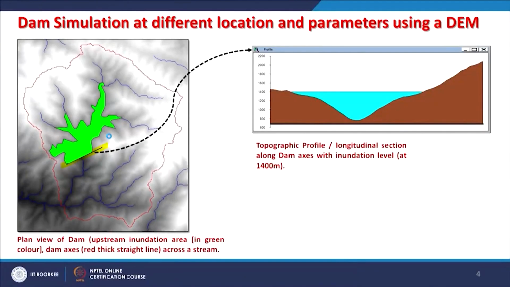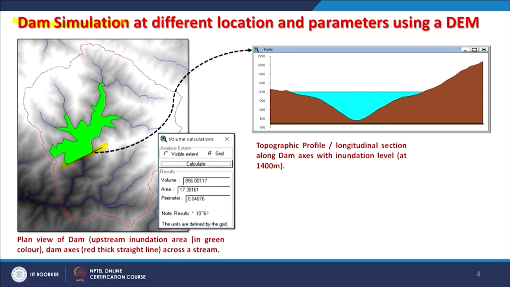So, here the user is providing all these details, the location of the dam, the height of the dam, and then the modeling is being done. The ultimate aim of the model is to predict something which has not happened on the ground, but before that we want to do it.